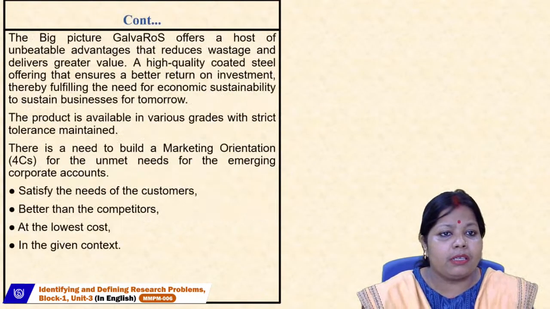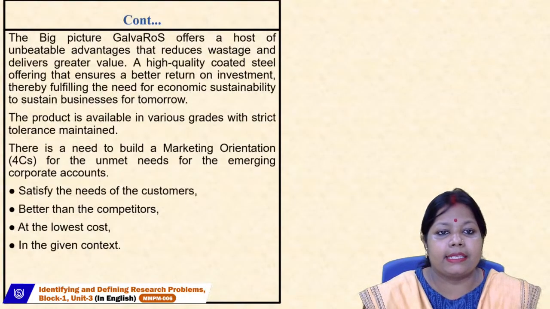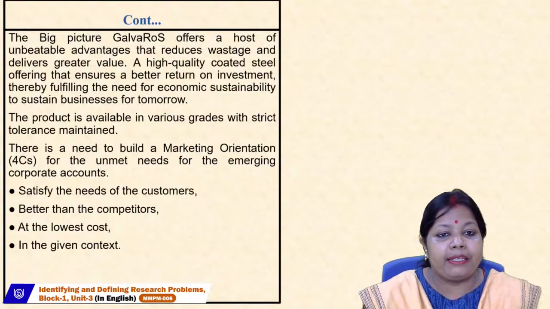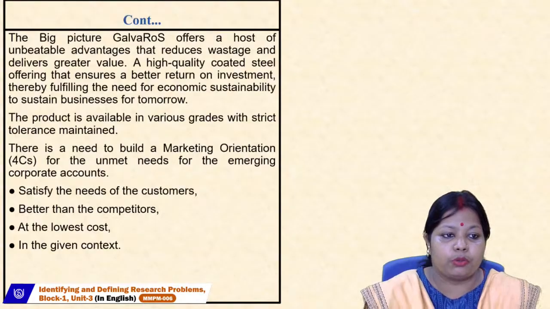So the big picture offers a host of unbeatable advantages that reduce wastage and deliver great value. A high quality coated steel offering ensures a better return on investment, thereby fulfilling the need for economic sustainability to sustain businesses for tomorrow.